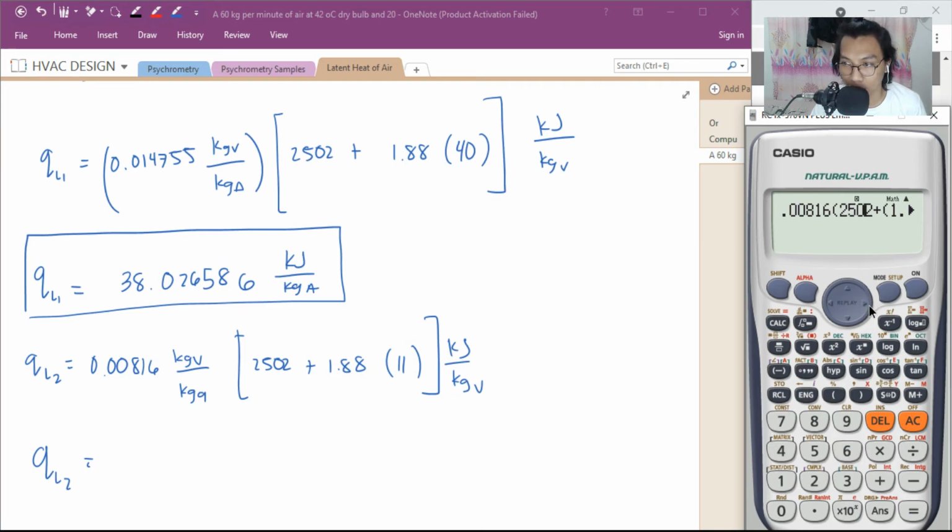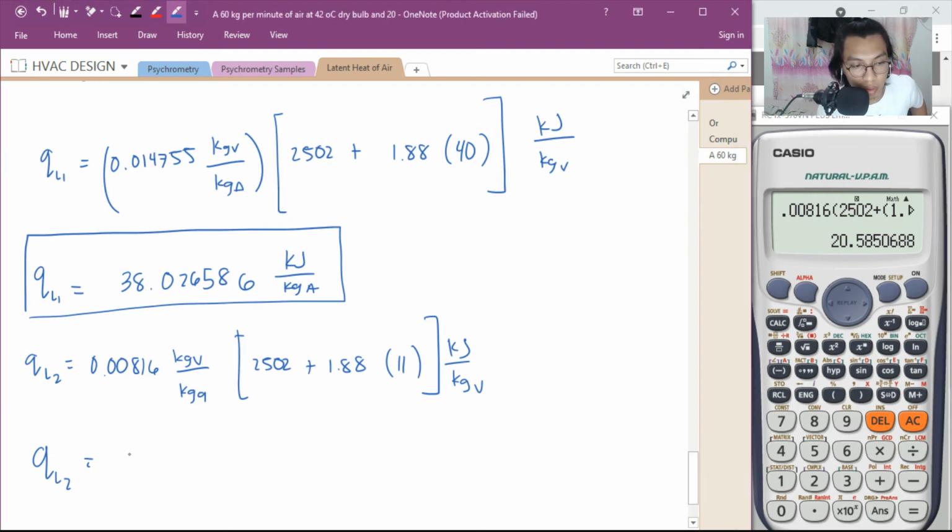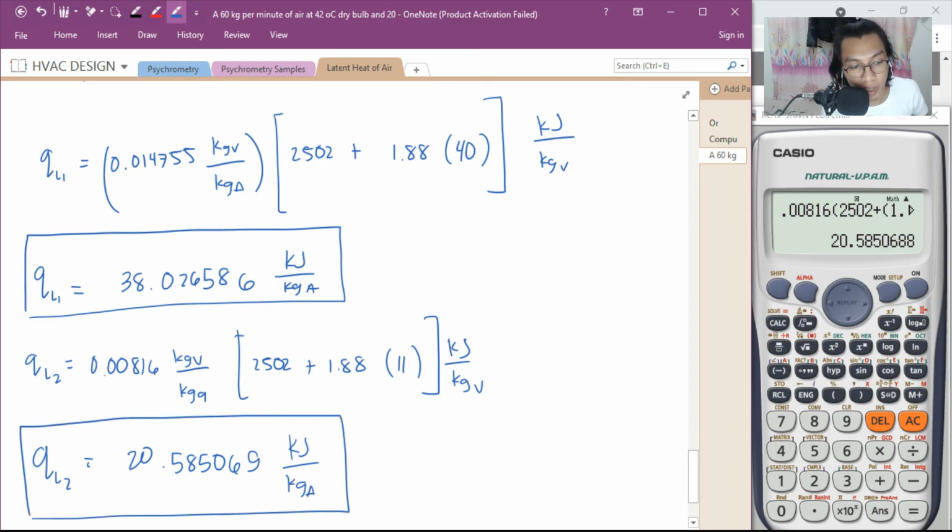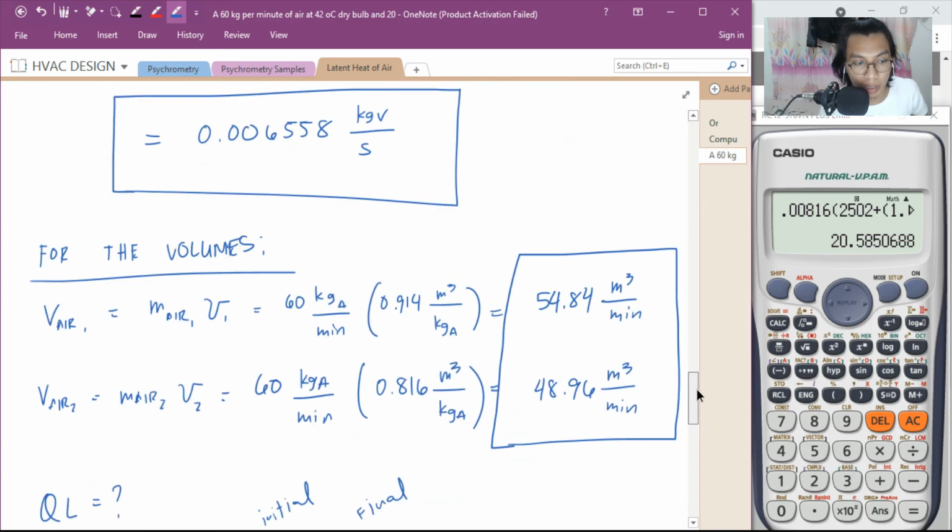Tapos yung temperature is 11. The answer is 20.585069 kilojoule per kilogram air. That is QL2.